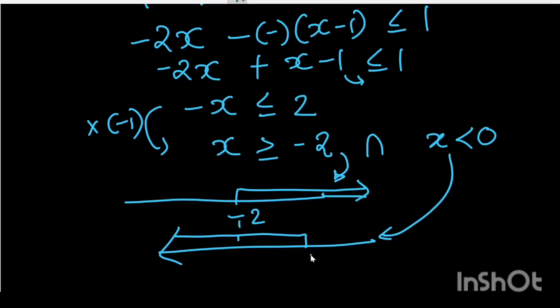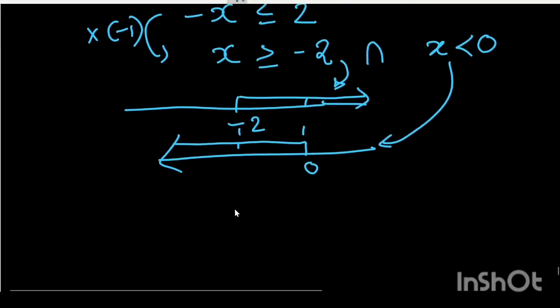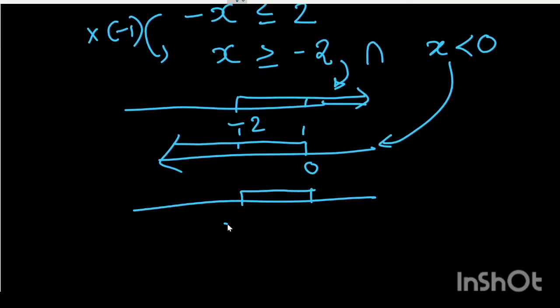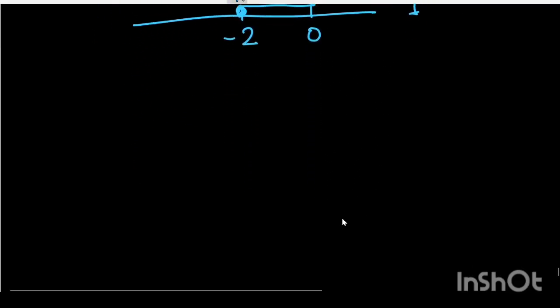As you can see here, their intersection is -2 to 0. -2 is present in both, so -2 closed, 0 open. So in the first case, the answer came out to be -2 to 0. Now we will go for case 2.